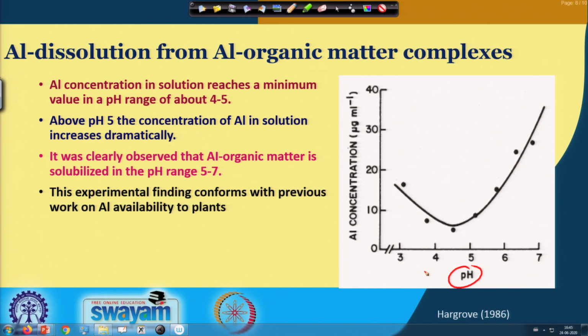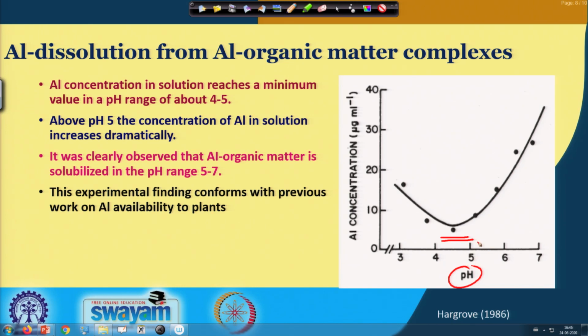This graph is showing aluminum dissolution from aluminum organic matter complexes. One thing is clear: aluminum concentration in solution reaches a minimum value in a pH range of about 4 to 5. So, in this region the aluminum concentration in the solution reaches a minimum value.